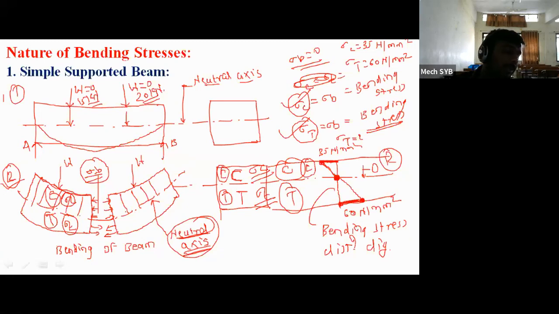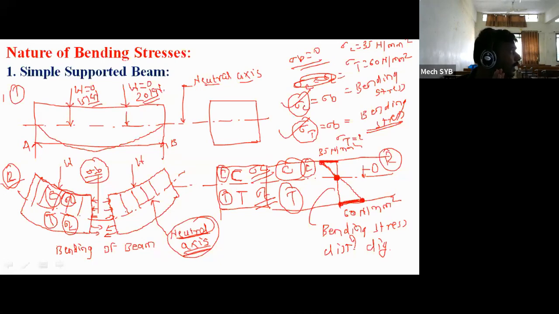So one thing we have to keep in mind: bending stresses are always maximum at the outer periphery of the beam. Bending stress is maximum at the top portion and at the bottom portion, and it is always equal to zero at the center point or neutral axis. Whichever section you take, rectangular, square, I section or T section, for all types of section your bending stress is equal to zero at the center point.